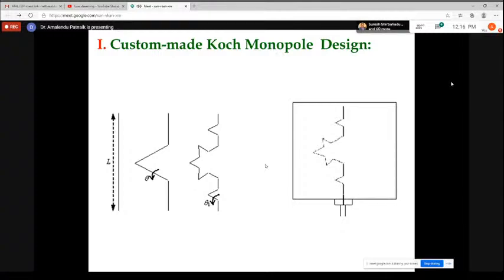For example, if one frequency is coming at 2 gigahertz, another at 4 gigahertz, and a third at 6 gigahertz, but we don't need that 4 gigahertz frequency. Suppose I need 4.8 gigahertz. So I can't use that classical fractal antenna.